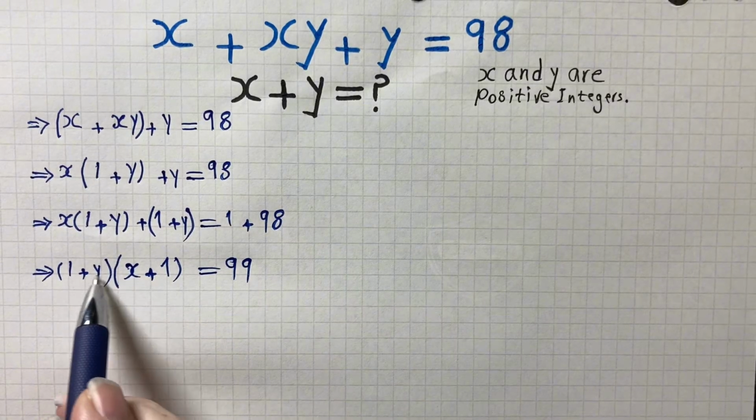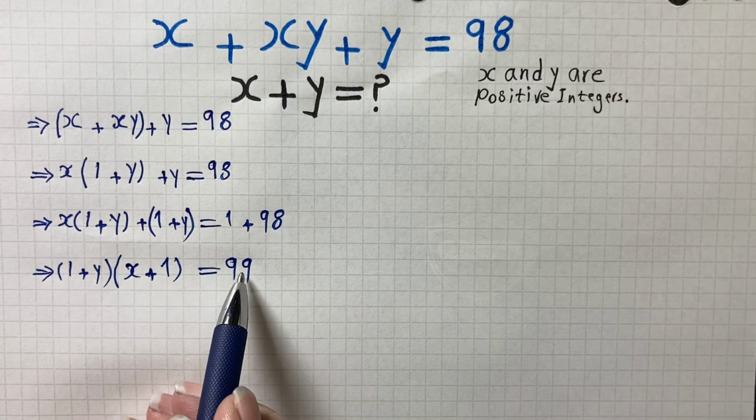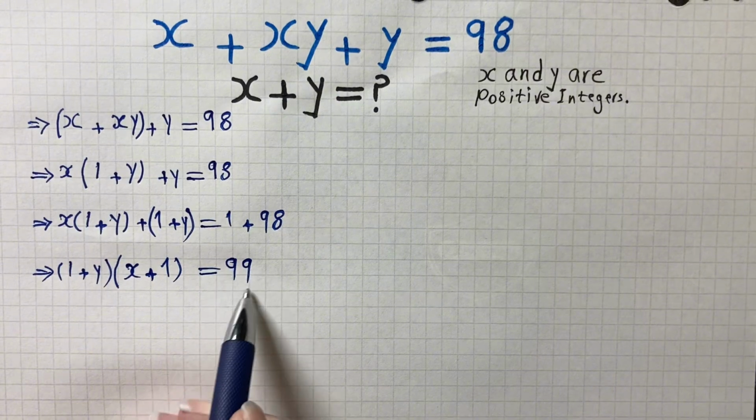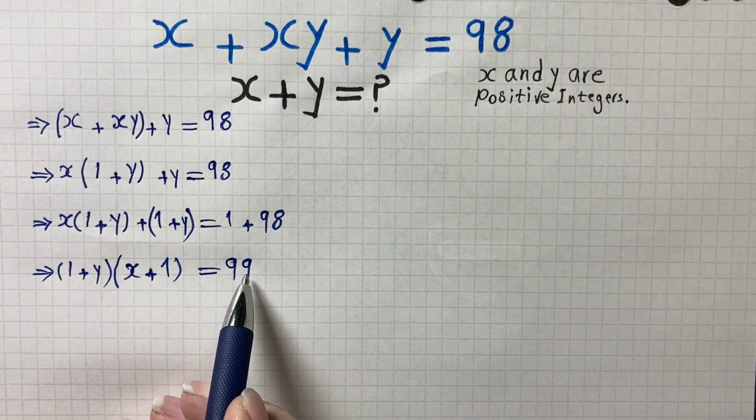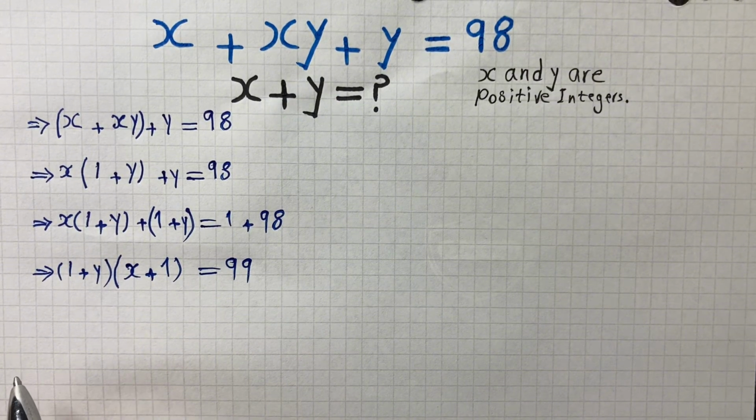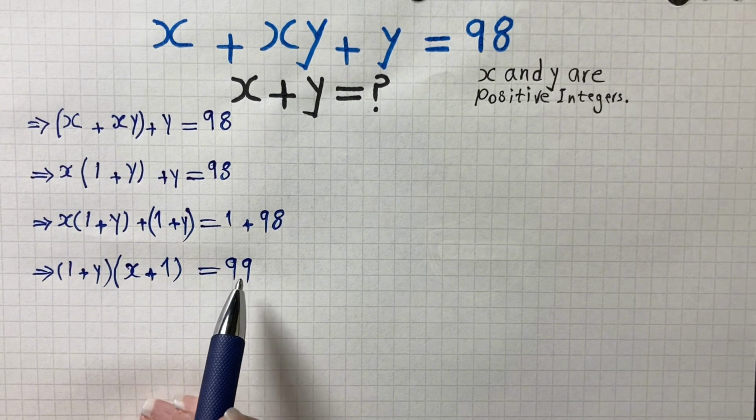Now look, the product of two factors is 99. So we can rewrite this 99 as a pair of factors. What are all the pair factors of 99?